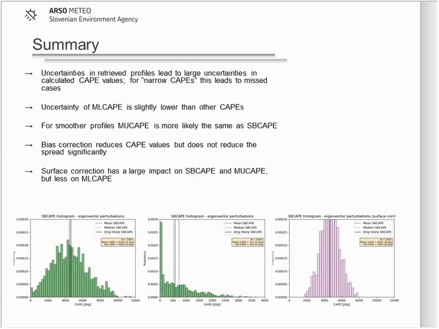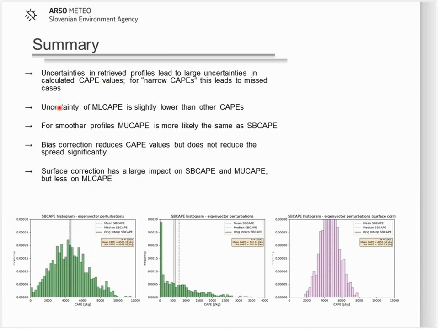Again, you see this for the surface-based and most unstable CAPE, and not really for the mixed layer CAPE. I'm going to finish now. We've seen that the uncertainties in the retrieved profiles lead to really large uncertainties in CAPE values, and when we have small CAPE values, this leads to zero CAPE cases.